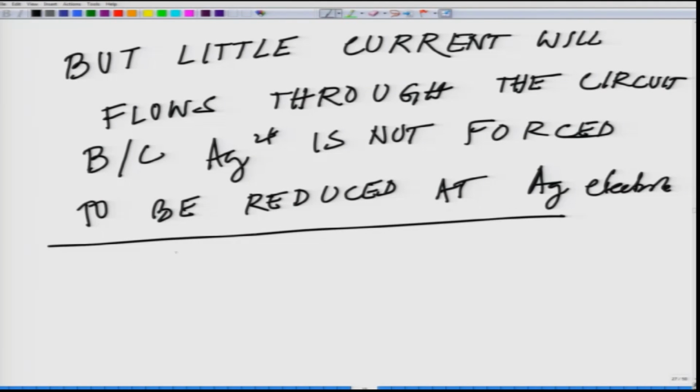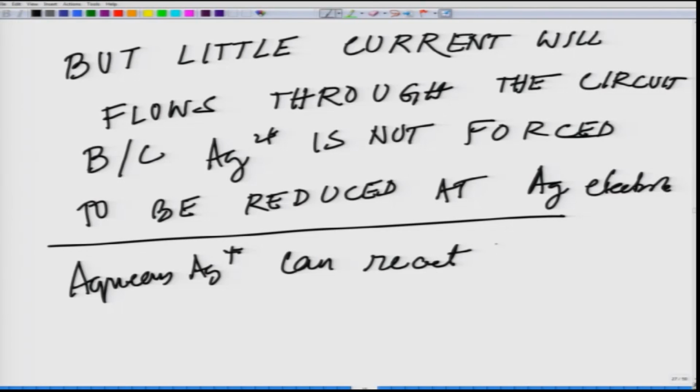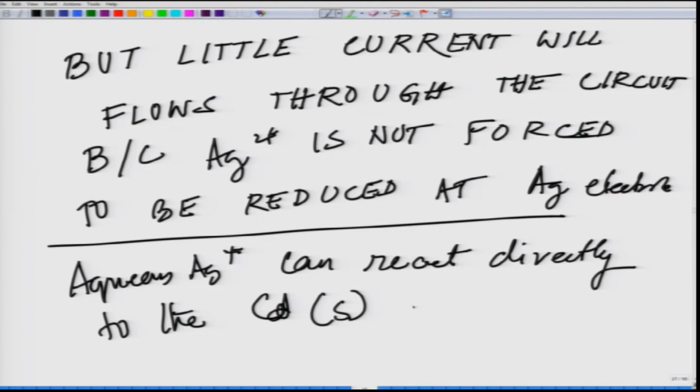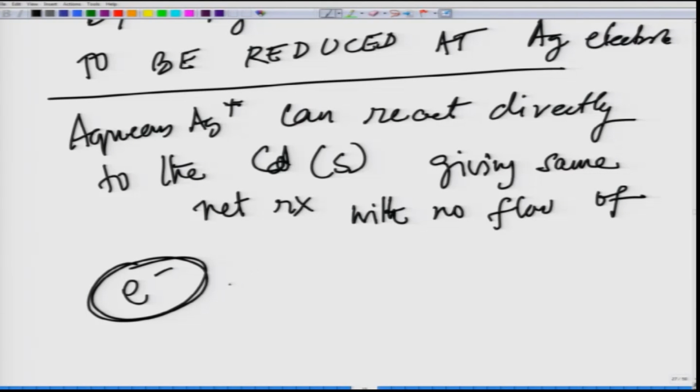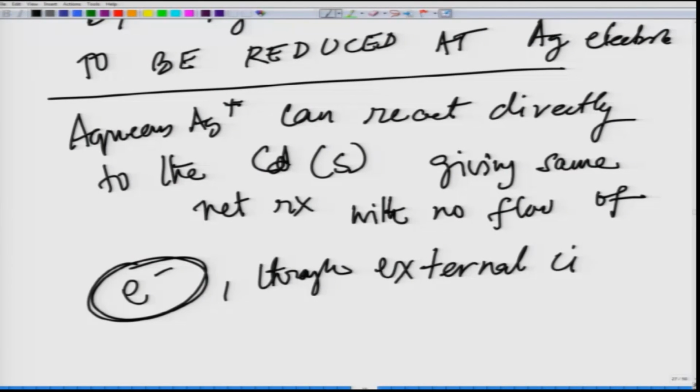Aqueous Ag plus can react directly on the cadmium solid surface, giving the same net reaction with no flow of electrons through the external circuit.